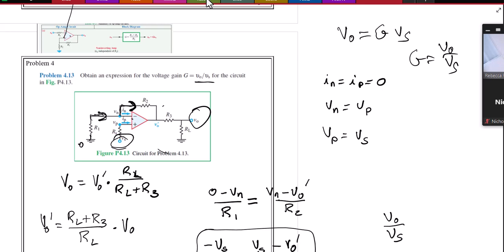I was wondering if that was the equation for gain in general. Yes, not just for this problem. That's what gain is. Then why is it not V out prime, because that's what's coming out of the amp, right? Because that's not how this op amp is defined.